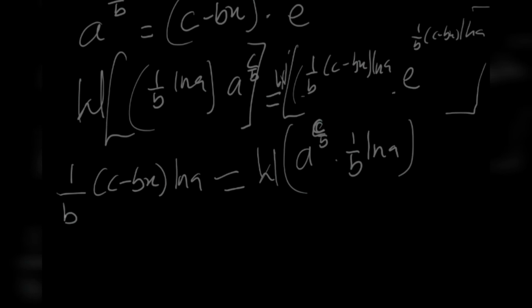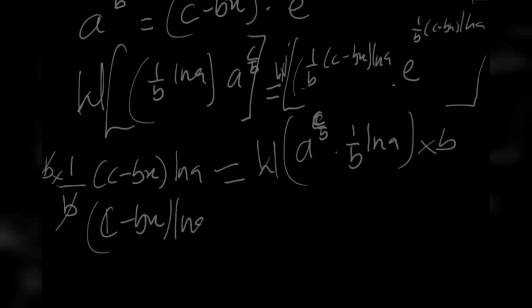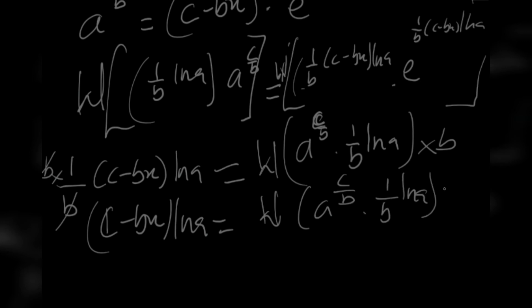We can multiply both sides by b so that this b cancels out. So we are left with (c minus bx) ln of a equals W of c over b, a raised to the power c over b, 1 over b ln of a, multiplying b.